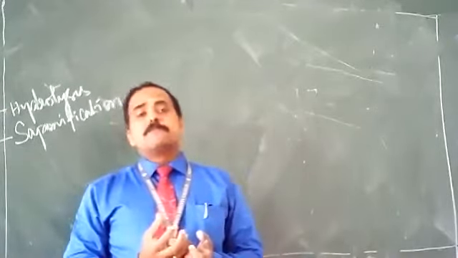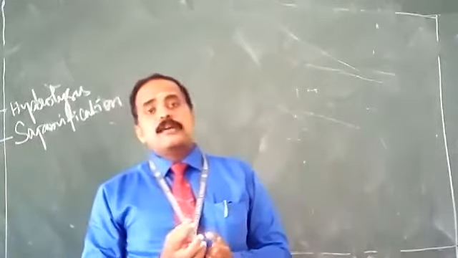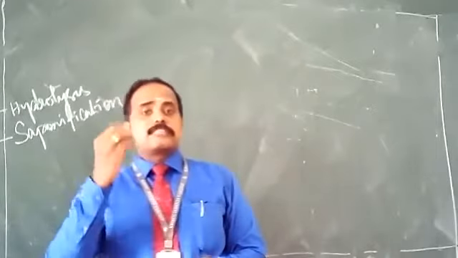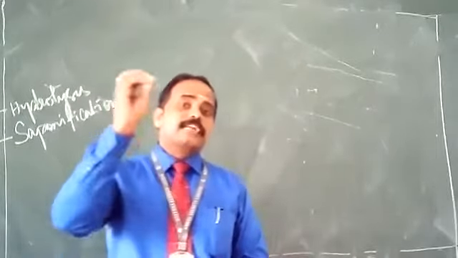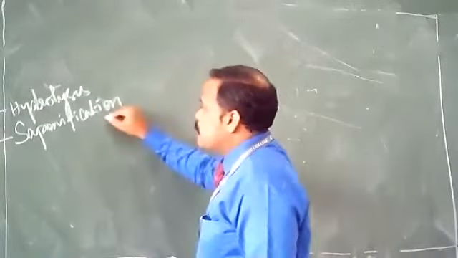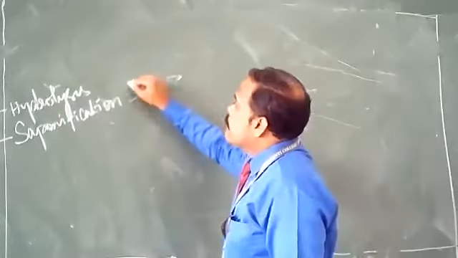So what are the end products that result from saponification? Generally, when fats or lipids are hydrolyzed, it results in the formation of esters of fatty acid and glycerol. But saponification is the hydrolysis of fats by using alkali.